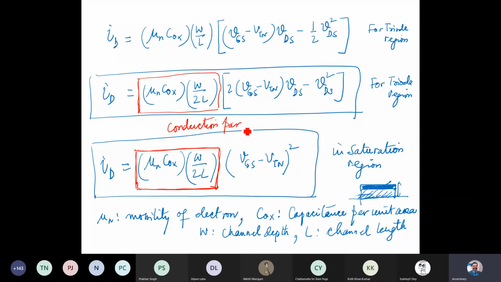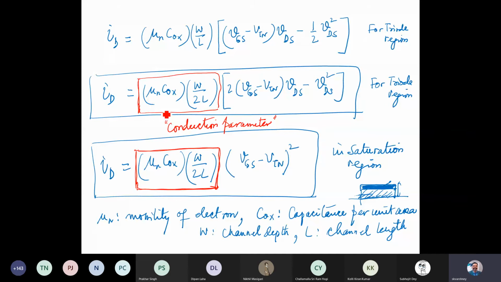Basically, it's a transconductance, but when we go into the amplification characteristics of an amplifier, there is a transconductance. So to avoid confusion between the terminology, we refer to this as a conduction parameter.